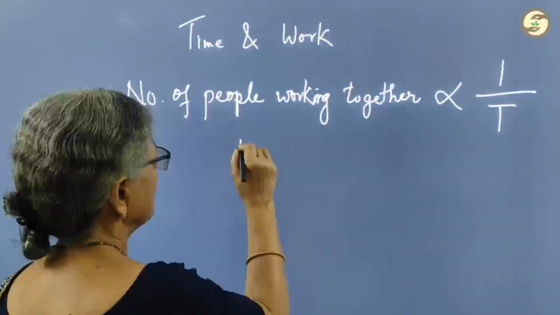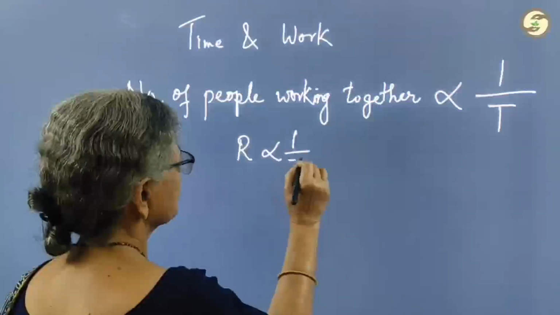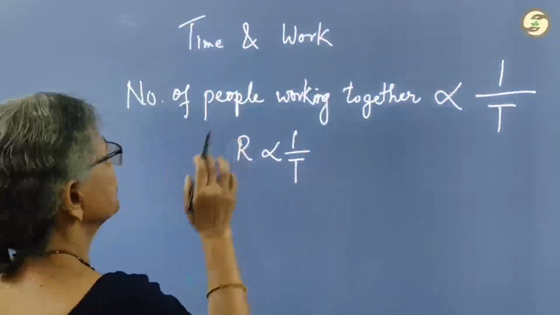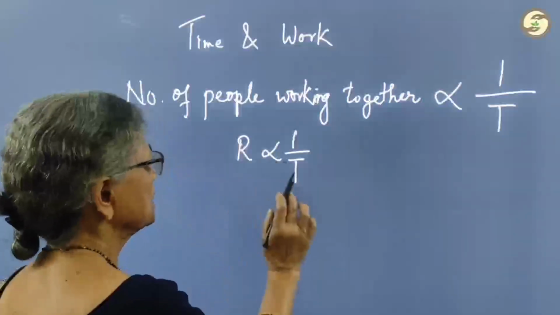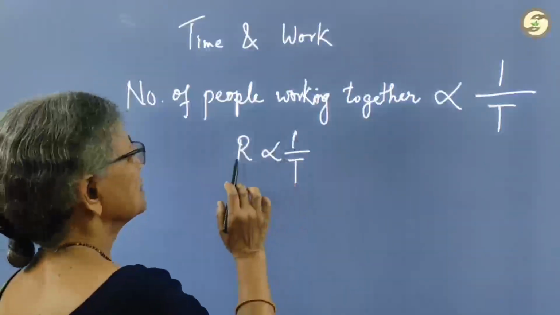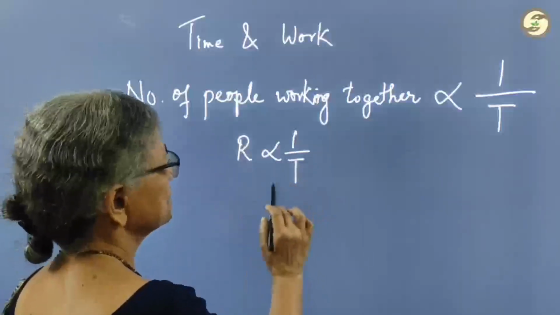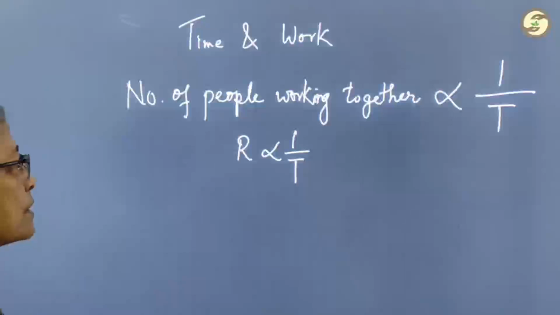As we already saw, R or rate of work is inversely related to T. So, when the number of people increases, that means rate of work increases, efficiency increases, time decreases. When the number of people is less, efficiency decreases, then the time to finish the job increases.